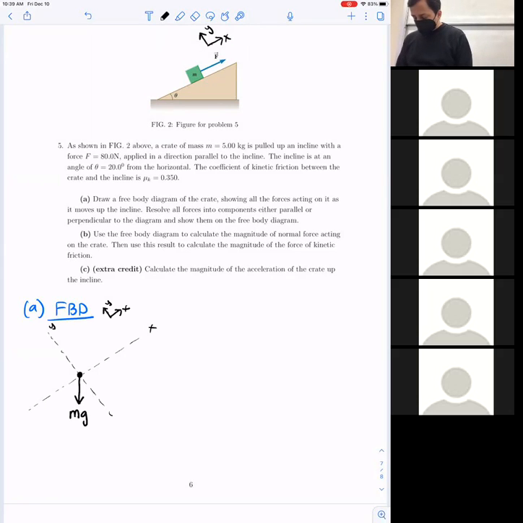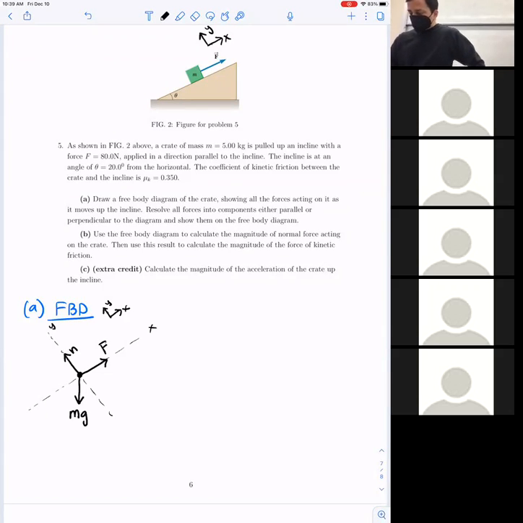Then there's this force F, which is precisely along the positive x-axis up the incline. So that's there. Then there is a normal force. There's a contact force between the surface and the M. And again, normal forces, they're always perpendicular to the surface, which means that the normal force here will be exactly along the positive y-axis, perpendicular to the incline.